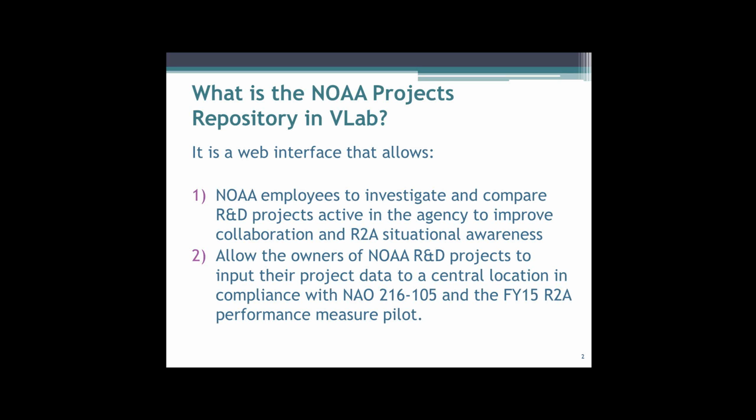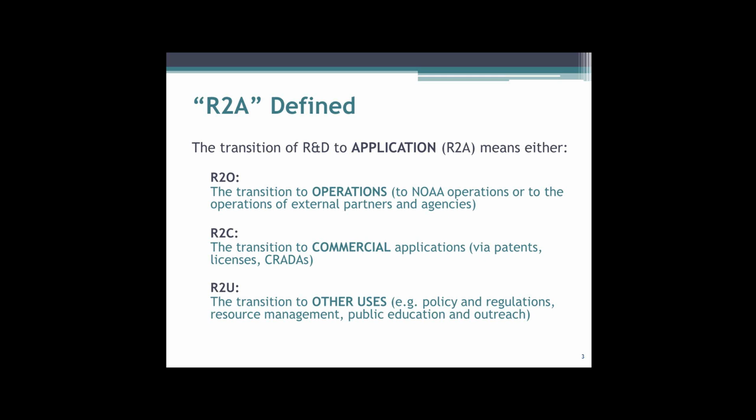This NOAA administrative order defines R2A, research to application, as one of three flavors. There is R2O, research to operations, which is the one that in the Weather Service and in NCEP we're most familiar with. There's also transition to commercial applications, or R2C, things like patents, licenses, and CRADAs.